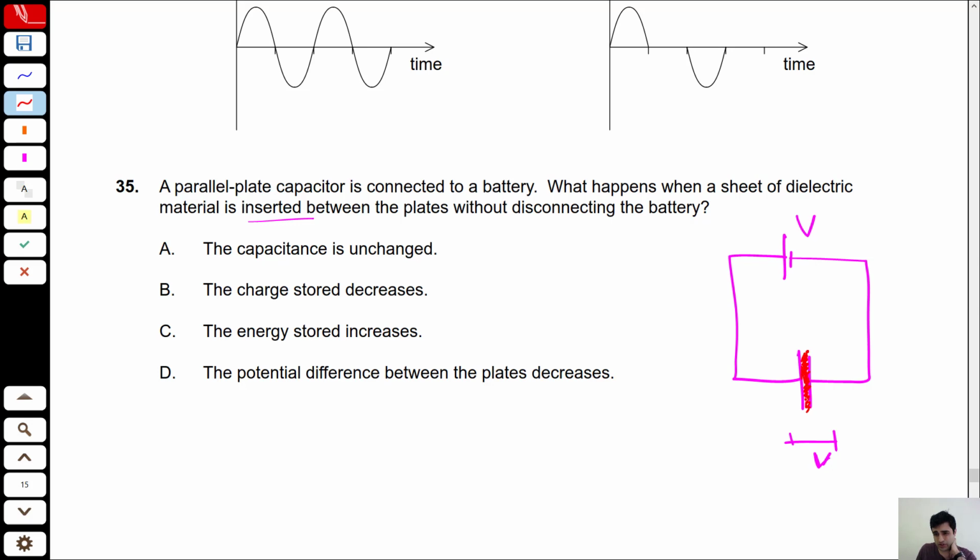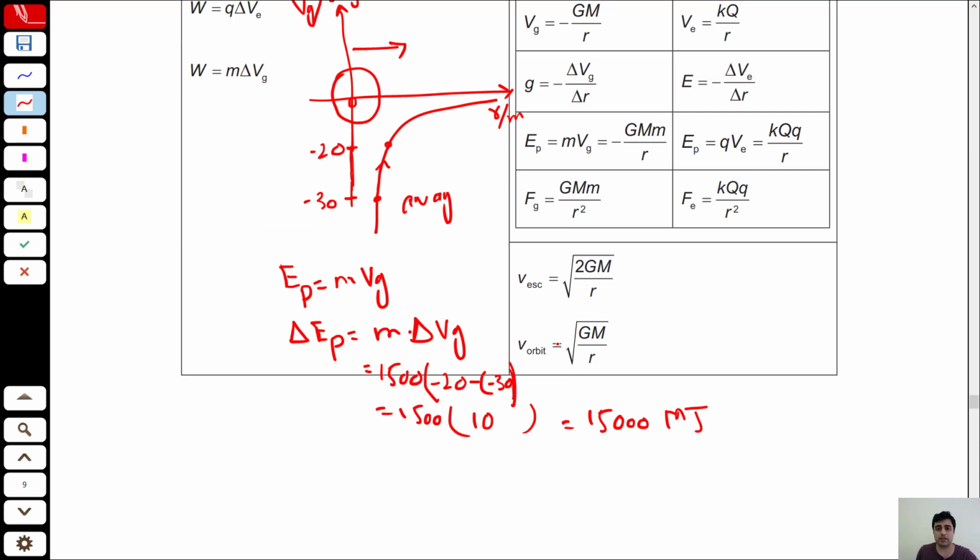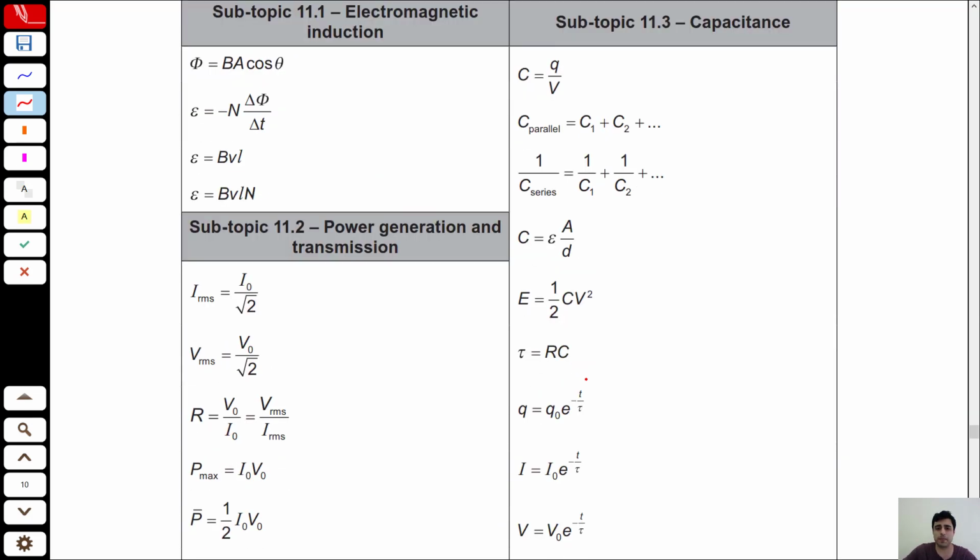Okay. So what's going to happen with the capacitor? So first of all, the capacitance is unchanged. Actually, if you look at the data booklet, you will see that the capacitance does depend on dielectric material.